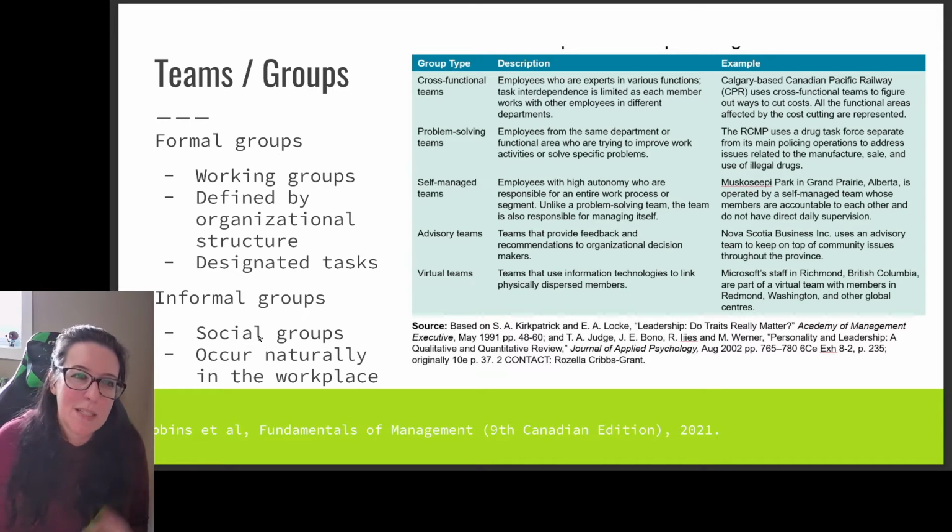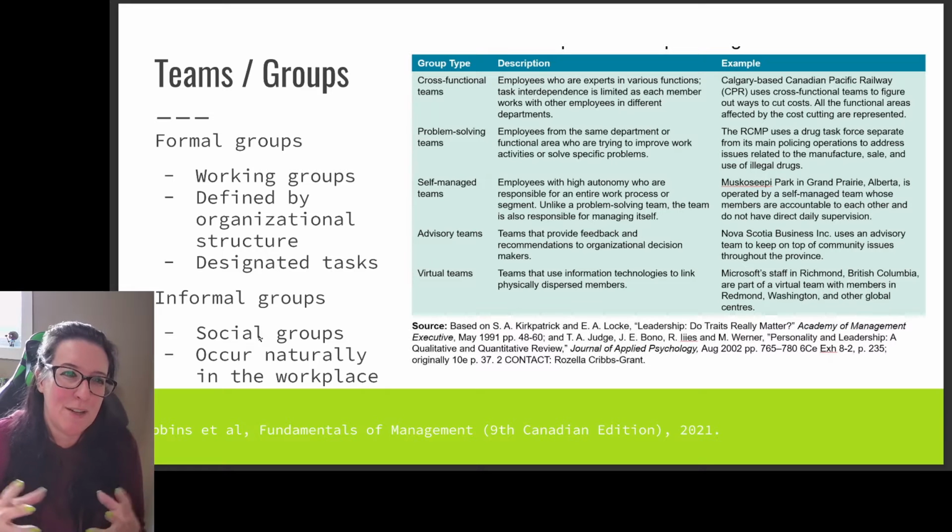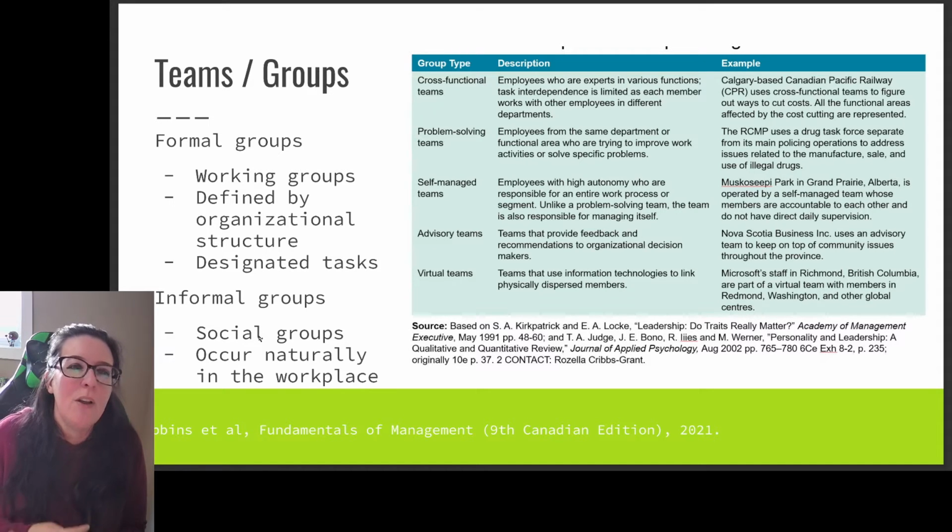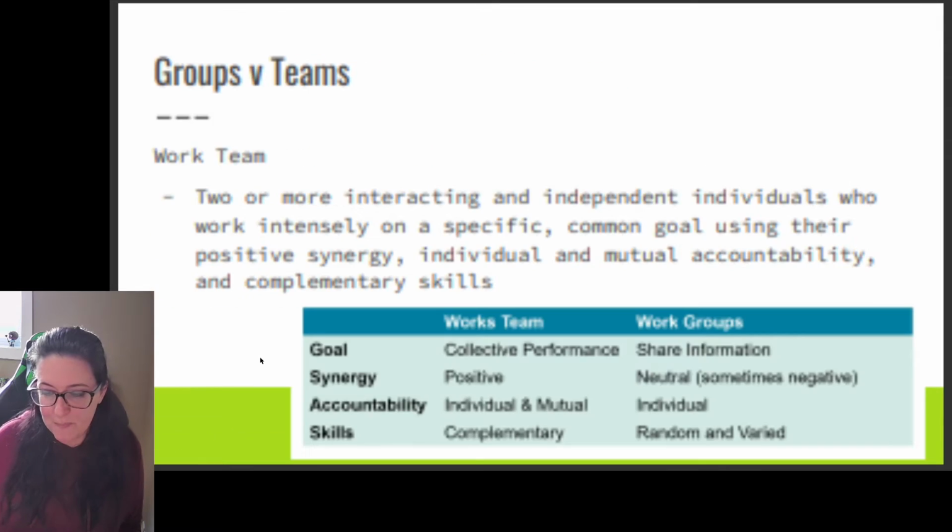And when it comes to teams, you can have cross-functional teams, so experts in different fields coming together. You could have a team that's put together to solve a problem. Maybe you have an advisory team. And these teams can meet, of course, face-to-face or virtually in terms of meeting those expectations, accomplishing those objectives.